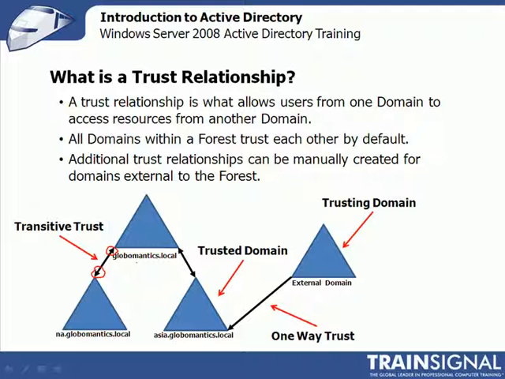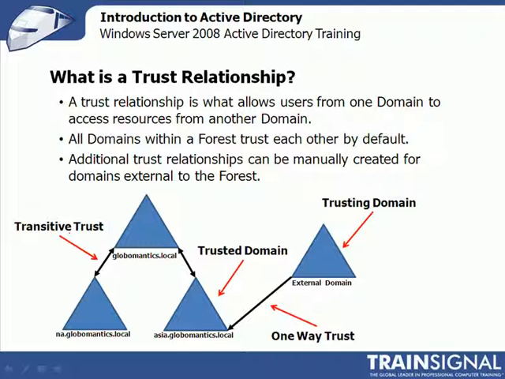Okay, that means that globalmantics.local trusts NorthAmerica.globalmantics.local, and NorthAmerica.globalmantics.local trusts globalmantics.local. So it's a two-way trust. It's also what's known as a transitive trust.